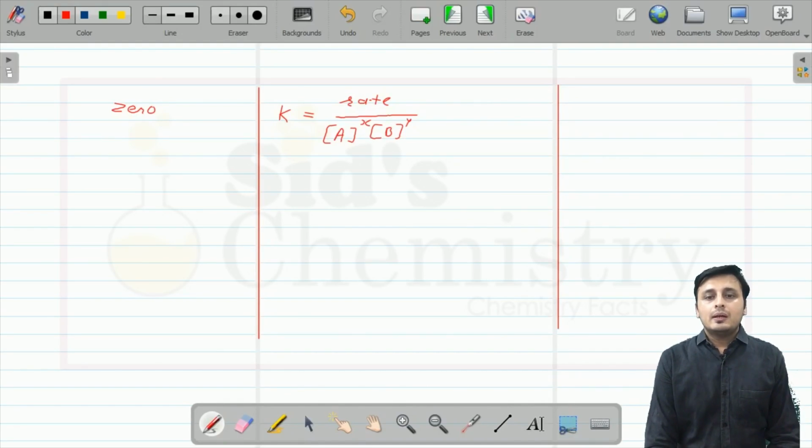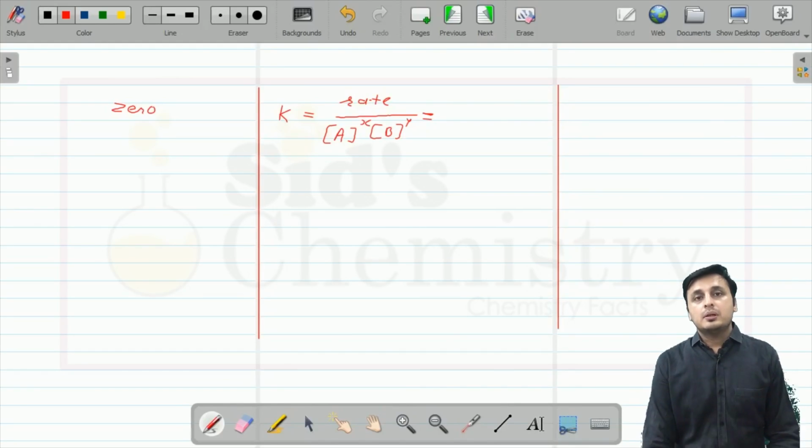So what is the unit of rate as such? Rate is mole per liter, meaning rate is concentration per time.